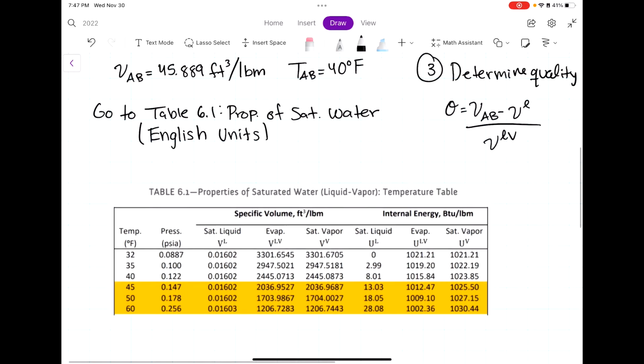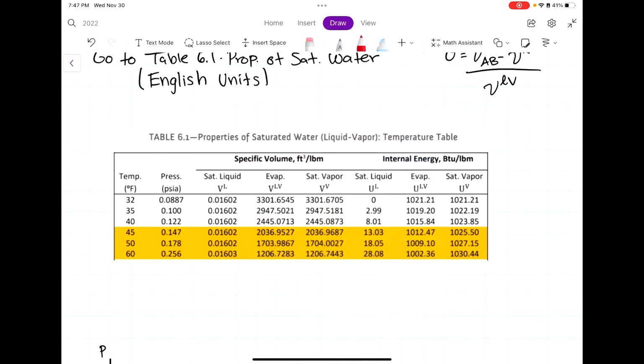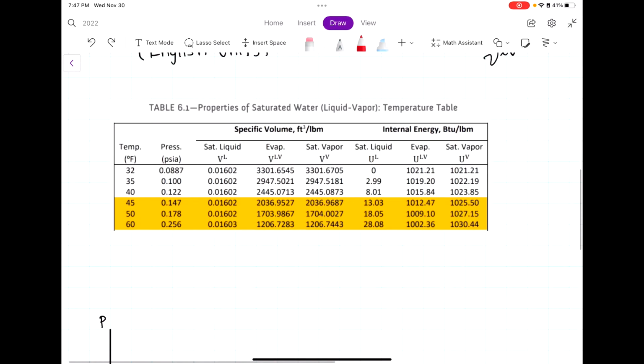So I'm going to locate 40 degrees Fahrenheit, and also make sure that you're looking at the water tables and not propane or any other one, please. And so I'm going to go ahead and circle it.